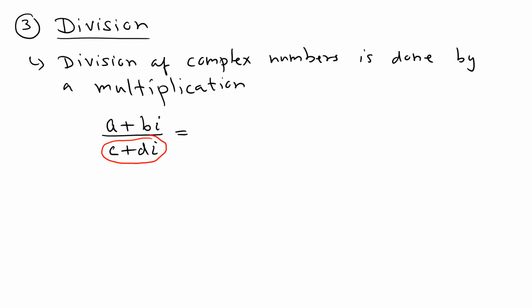So that means what we do here, we have a plus bi over c plus di. We're going to multiply the top and bottom by c minus di, because that's the conjugate of the denominator.